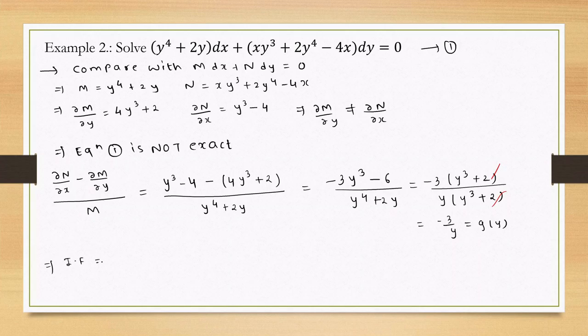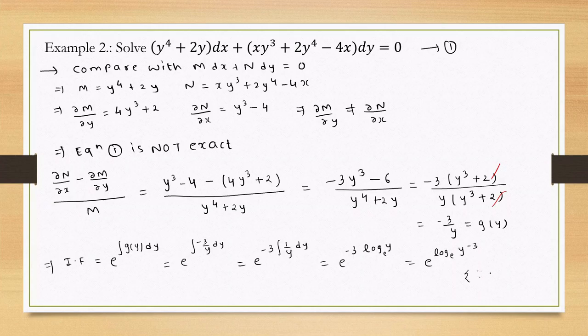the integrating factor is equal to e raised to integration of g(y) dy, right? So what is g(y) here? Minus 3 by y dy. So we can write it as e raised to minus 3 integration 1 upon y dy. So this is e raised to minus 3 log of y to the base e, and we can write it as e raised to log_e y raised to minus 3.